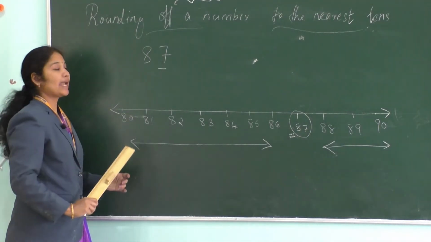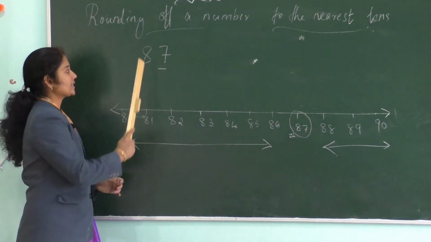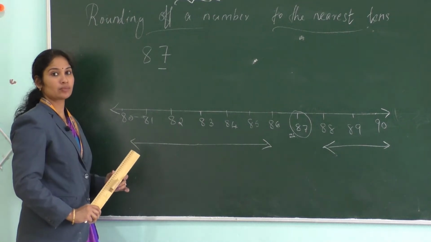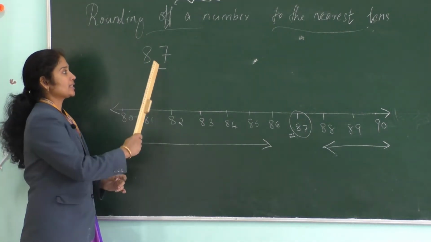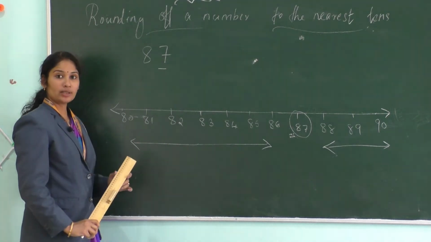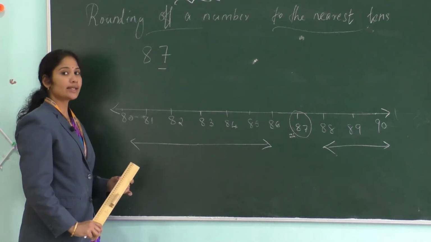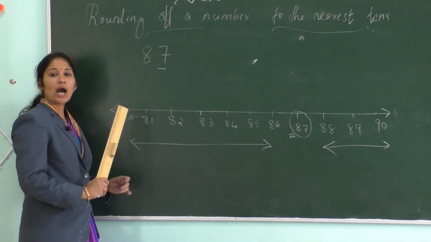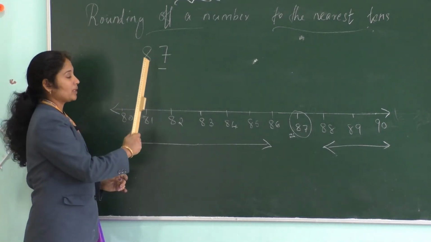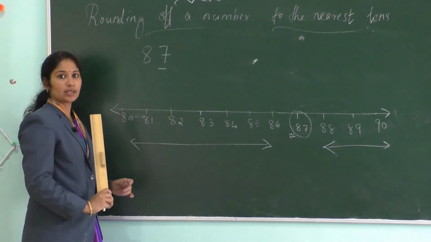Consider number 87. What is the number in the one's place? Yes, 7. Is it greater than or equal to 5? Yes, greater than 5. As per rule 1, we have to round up the number to the nearest ten.